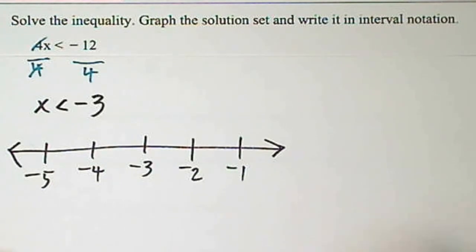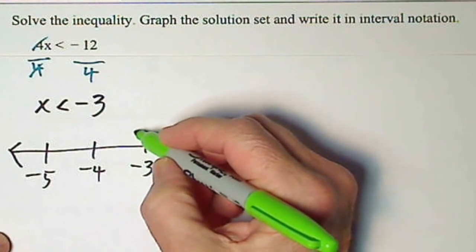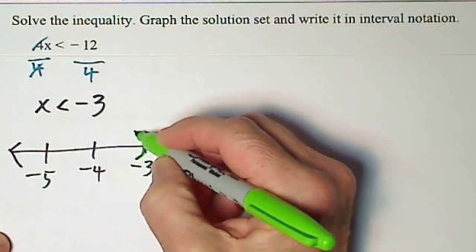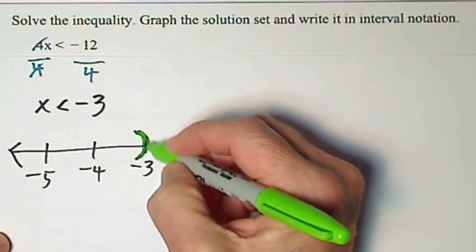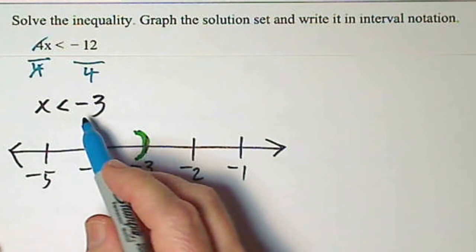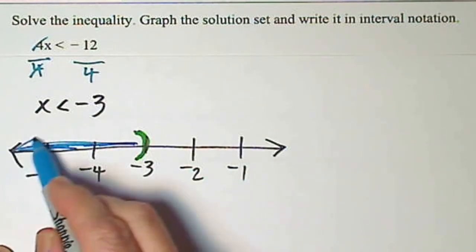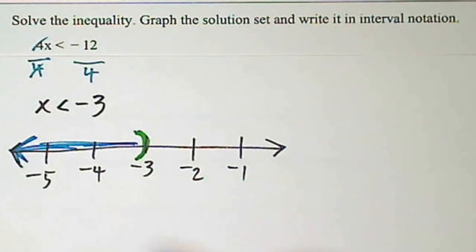It can never actually touch -3, so I have to use the parenthesis. It actually goes right over that. And then it can be any value less than -3, so it goes out to infinity in that direction, to the left. And now for the interval notation.